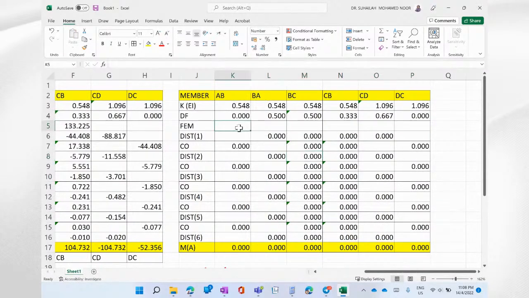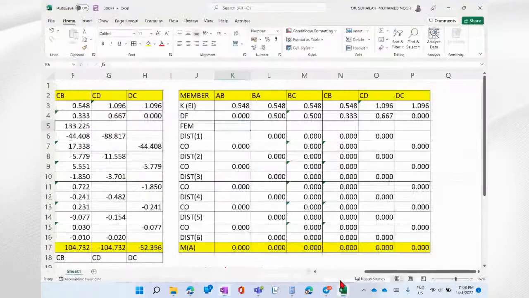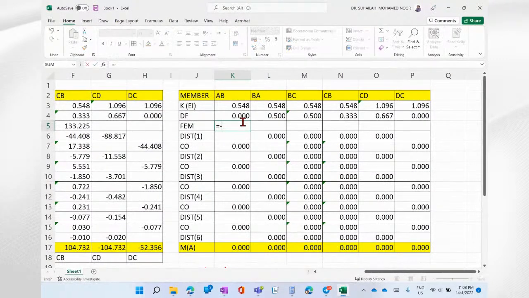FEM for AB is negative: negative 6 times 100,000 times 0.035 divided by 7.3 squared.